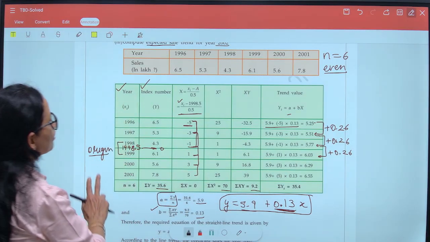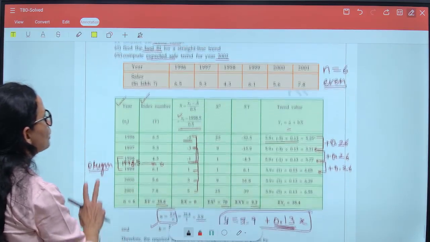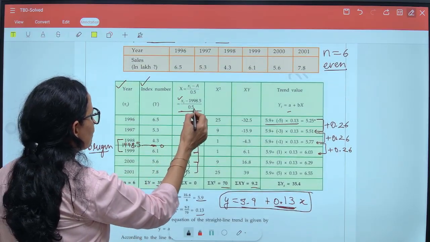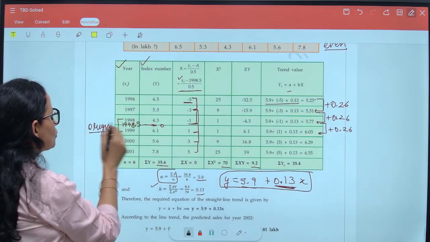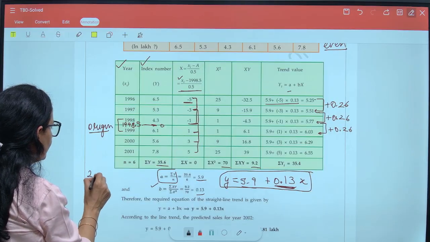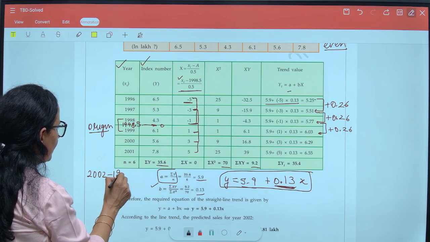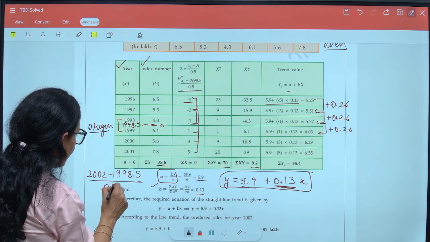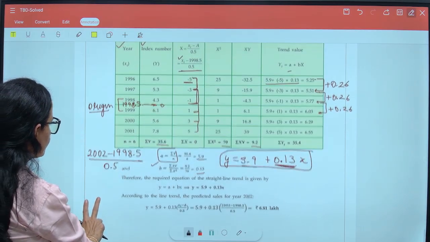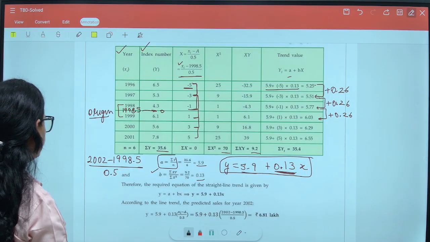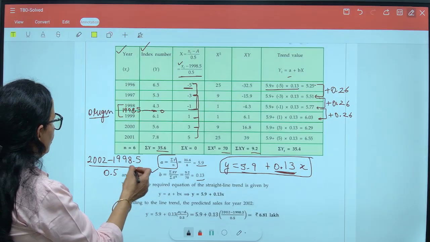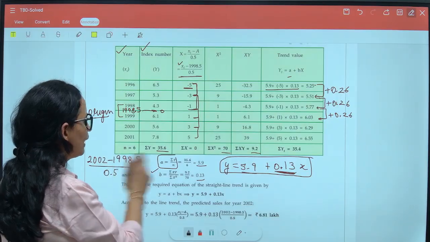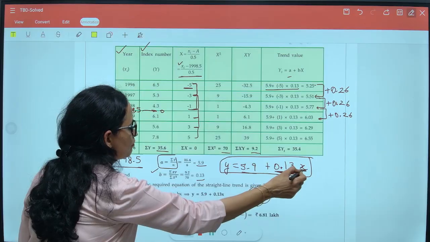And when you have to find the predicted value for 2002, how do you find it now? In this case, because you have done division by 0.5 also here and the origin is 1998.5, for the year 2002 you will first subtract the origin 1998.5 and then divide it by 0.5. What is the difference between these two? 3.5. 3.5 divided by 0.5, you do this calculation and then you put this value into the x variable in the equation.